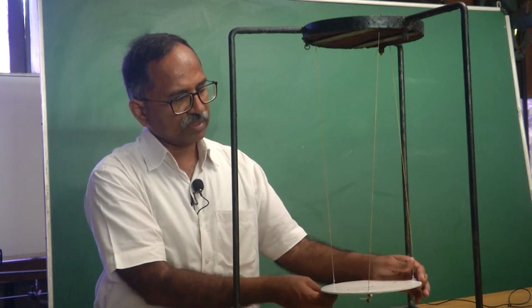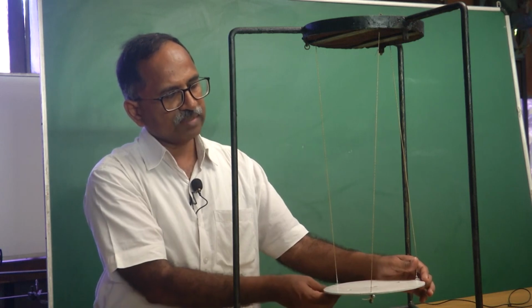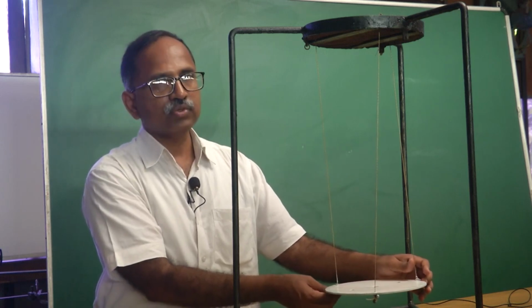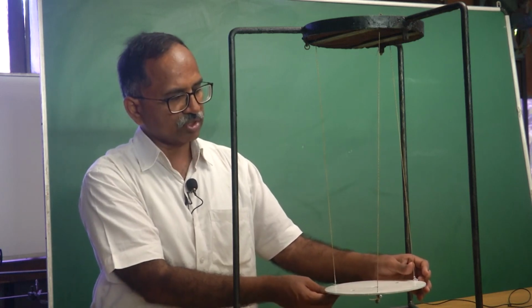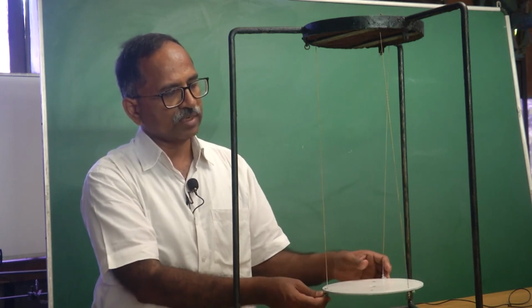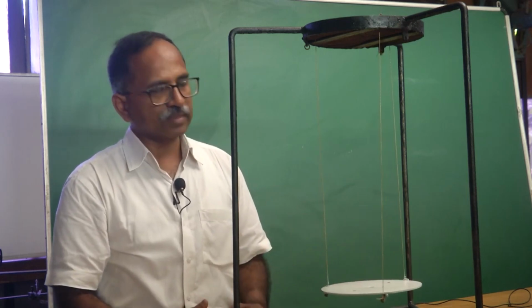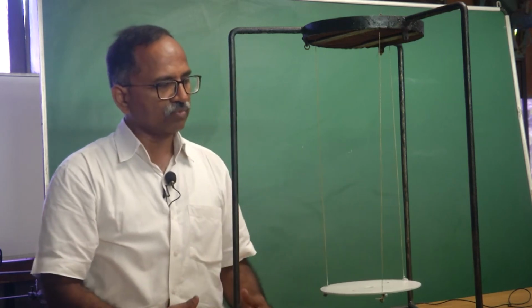That is how on the other side again the plate moves up by some height, gains potential energy, and kinetic energy goes to 0 at its extreme position. This kind of interchange between potential energy and kinetic energy keeps on happening, and that is how the plate swings back and forth.